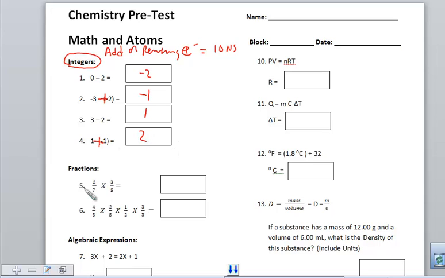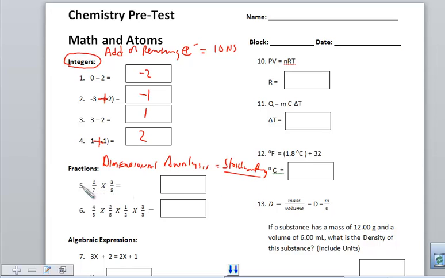Here, when we're talking about multiplying fractions, where you would relate this to chemistry is dimensional analysis, and you can look this up in your book or Google it and see what we're talking about. Basically we're talking about changing units, or stoichiometry, and there's a whole unit on stoichiometry.